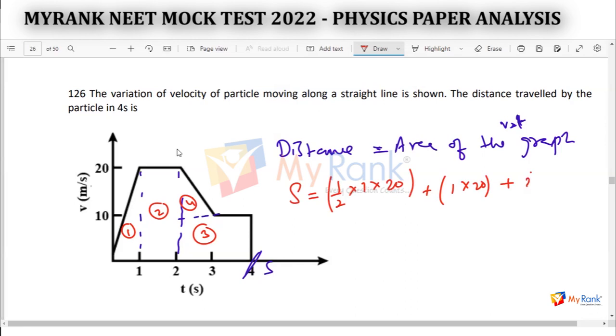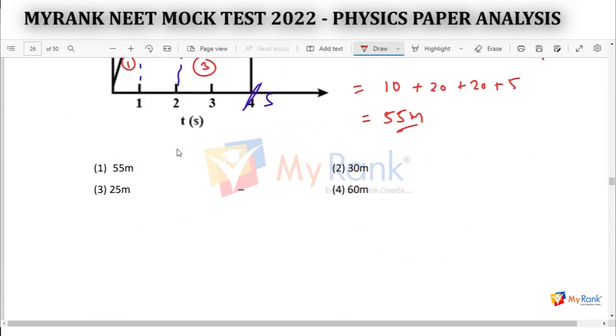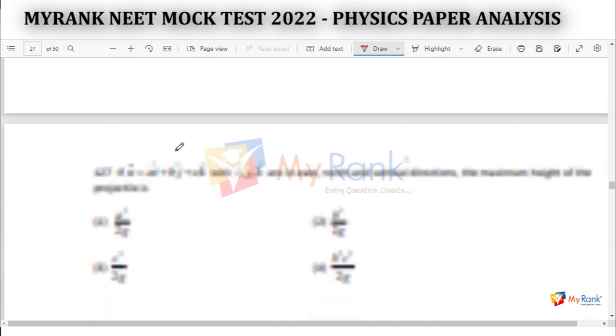So 4 minus 2, 2, into 10, students, plus half base, this one base is 1, the height is 10, students. See this carefully. This height is 10 only. So get the value: 20 by 2, 10, plus 20, plus 20, plus 5, 55 meters is the answer. 55 meters is the answer. First is the correct one, and the next one.